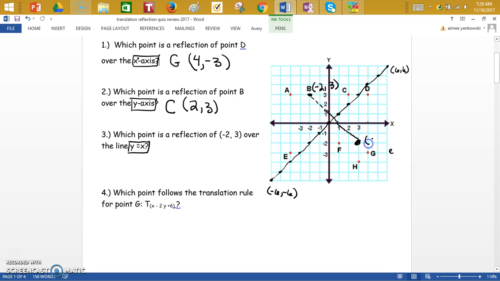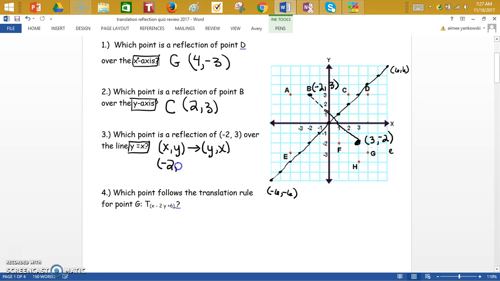So it looks to me like the reflection will be 3, negative 2. All right, let's talk about the rule for reflecting over the line y equals x. If you're reflecting over the line y equals x, x, y becomes y, x. You just go ahead and switch the order of your coordinates.